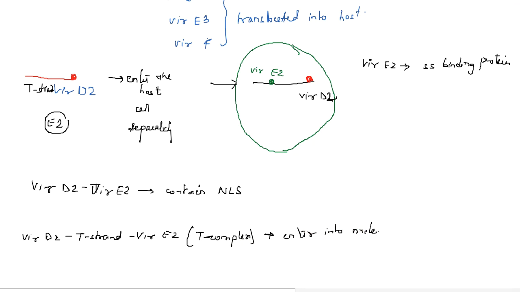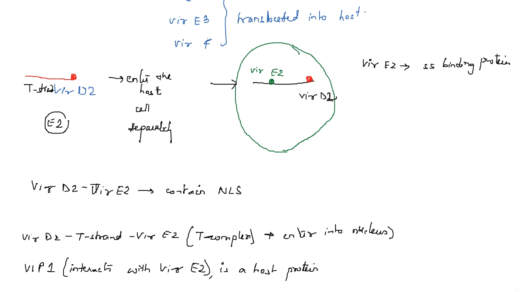And entry of this into the nucleus is again facilitated by another protein, and this is a host protein named VIP1. This VIP1 interacts with Vir E2, and this protein helps in the entry of the tDNA into the nucleus.